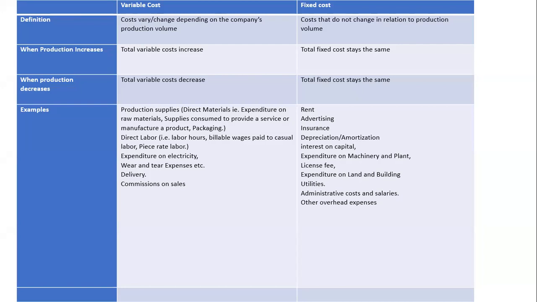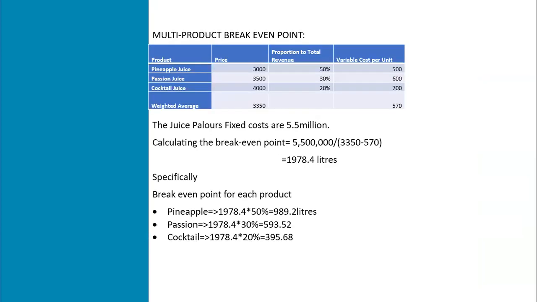And I shared that example. For example, if you are doing juice and each contributes a different revenue to your product line, you need to weigh it in such a way that you are able to produce appropriately.